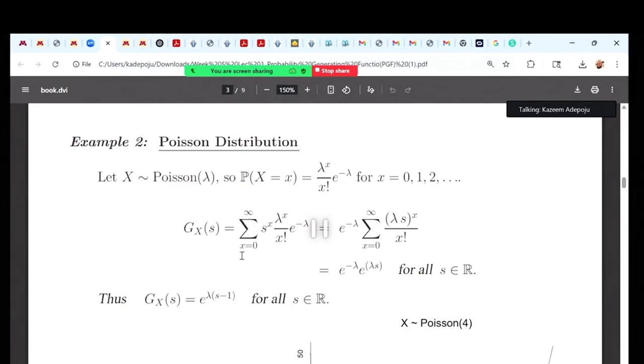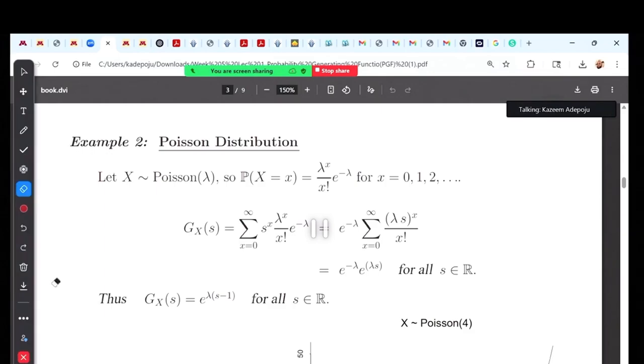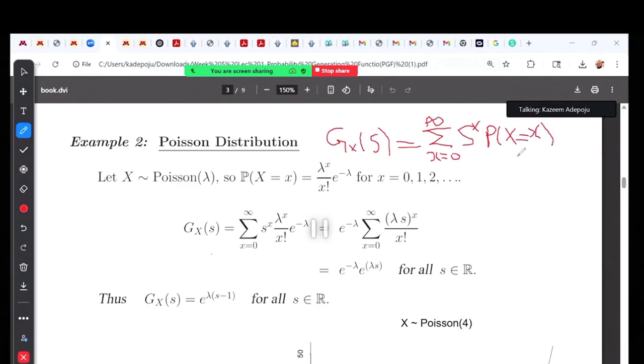Now, what actually happened is that if I want to write a formula for the probability generating function, the formula, don't forget, is going to be summation, for Poisson, s starting from 0 to infinity, of x raised to power s, of course, times the probability distribution that we're talking about, which is Poisson.